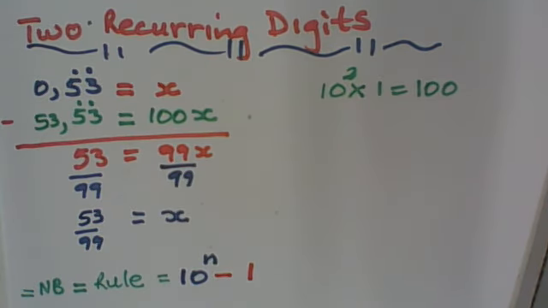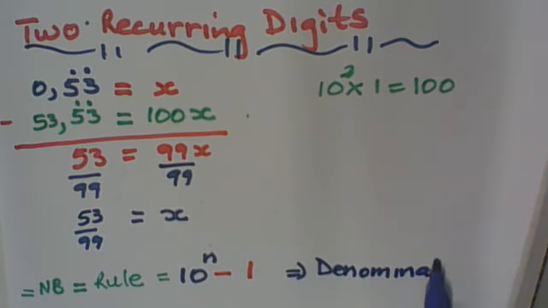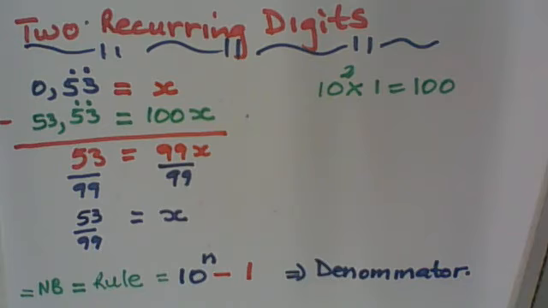Now this will be the rule for the denominator. Your denominator is going to look like that. And then, look, this is 53. It went on top.